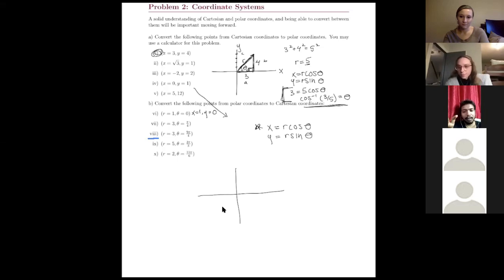Right? Yeah. Okay, exactly. So I generally draw it out, say it's this one. This is pi over 4. This is 3. And then you can just use these two formulas. You want to find what this is and what this is. Okay.